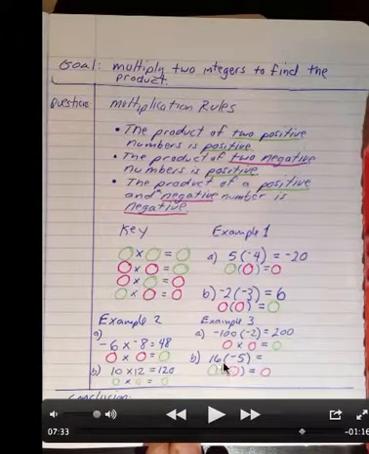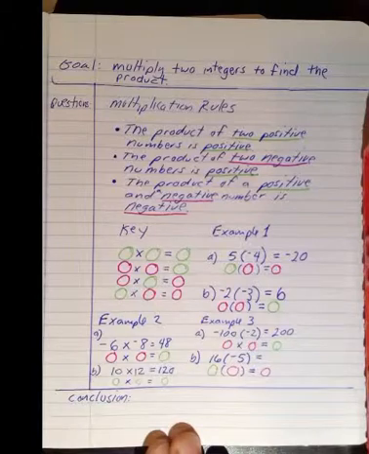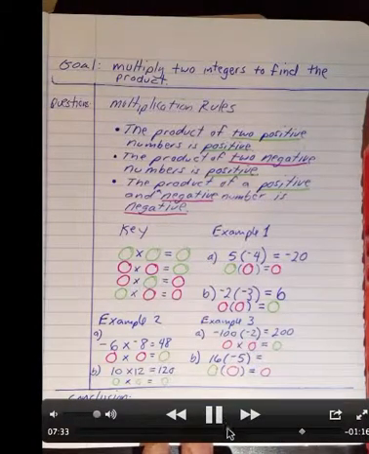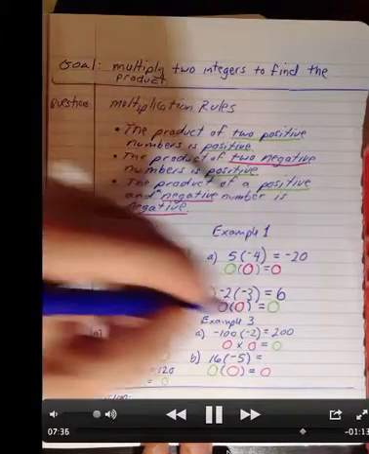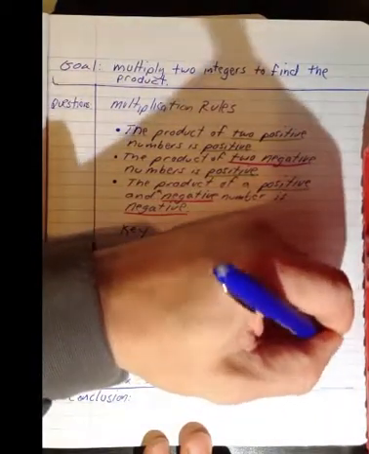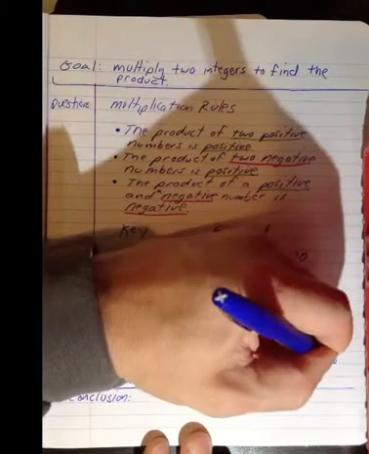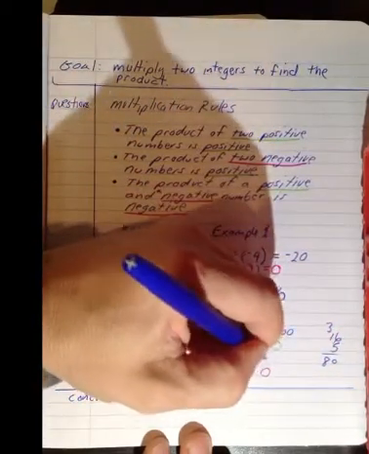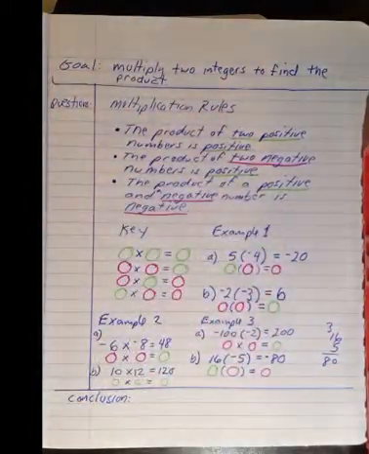We don't compare the 16 with the 5 like we do in addition, and that may be confusing. But when we multiply, we just use this key. So we look up here, when we have one positive and one negative multiplied together, the answer is always negative. There's no need to compare. It's actually easier than when we add integers. So the result is -80.